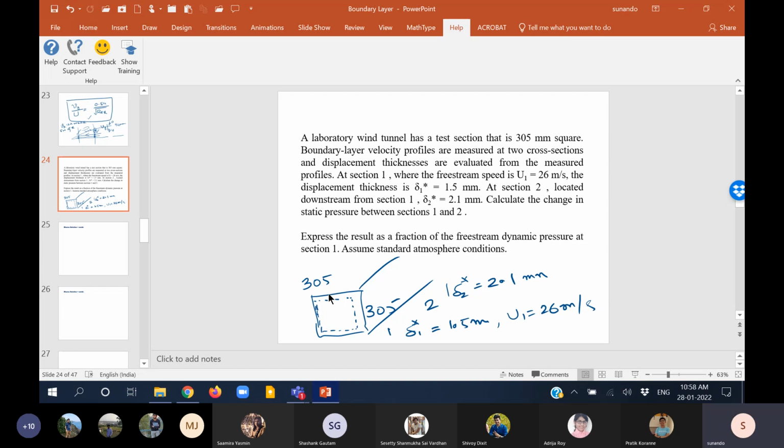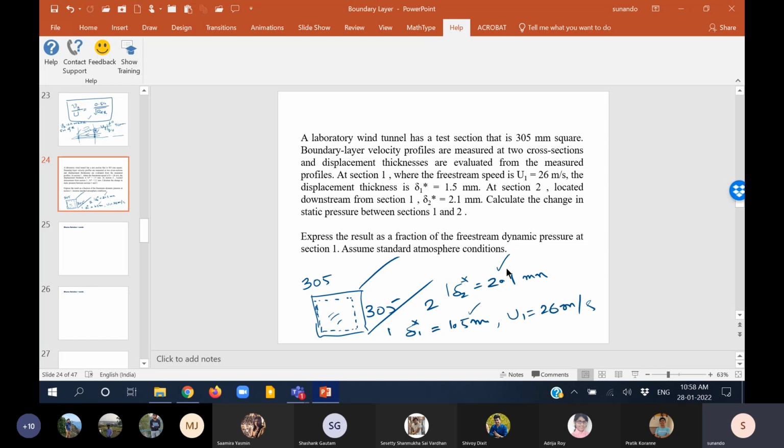If I could reduce from all sides by some distance, the result of which is that the flow through that reduced area is inviscid, then what is the distance by which I have to reduce it for my calculation? 2.1 mm at location 2 and 1.5 mm at location 1.